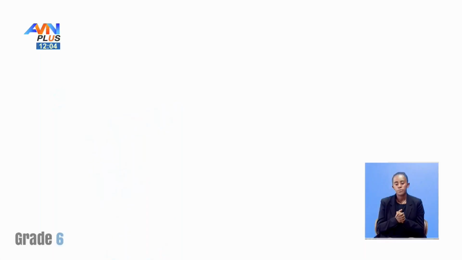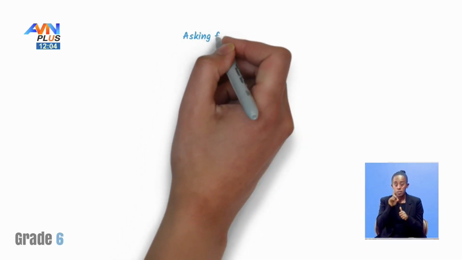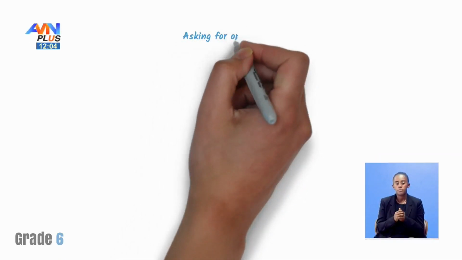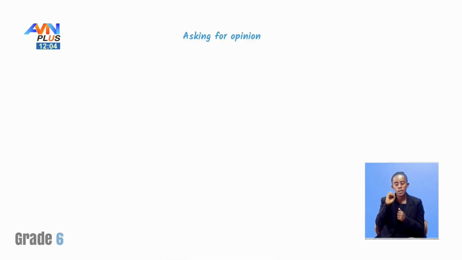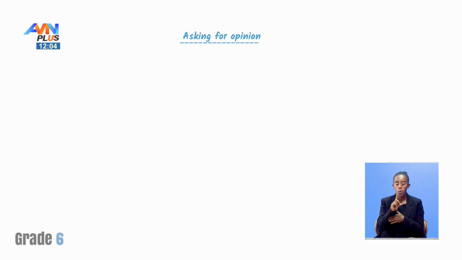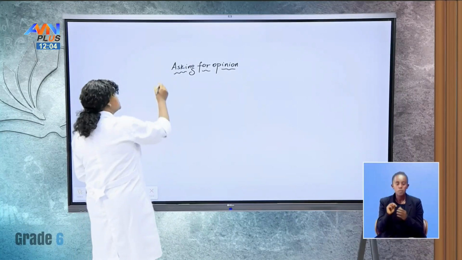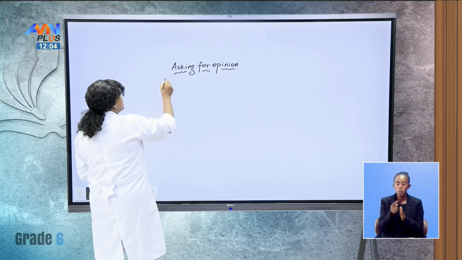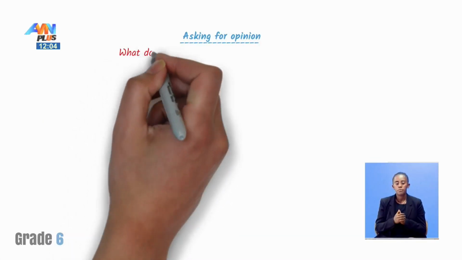Asking for opinion is the first one. This is one, asking for opinion. Example, you say, what do you think? I'm sure you remember because we have seen this.